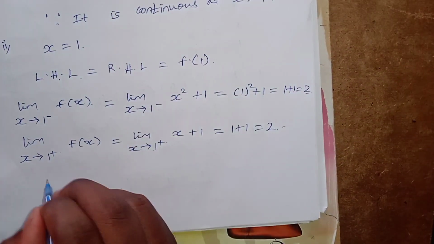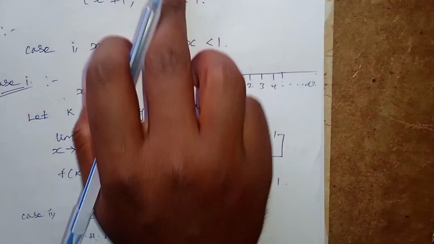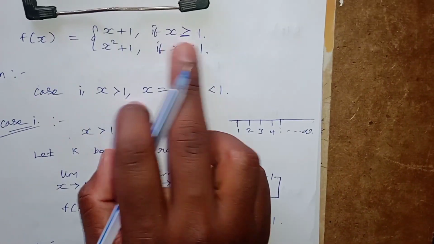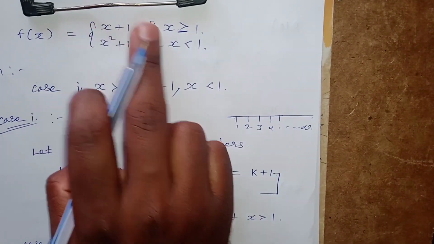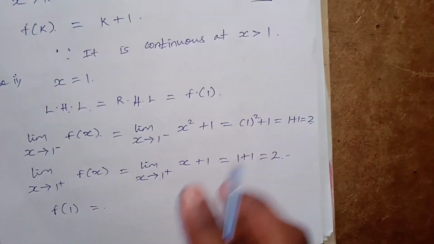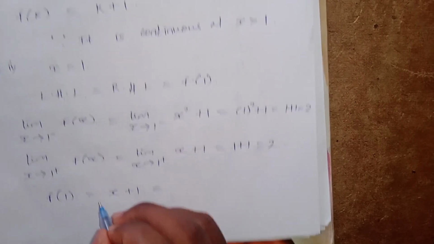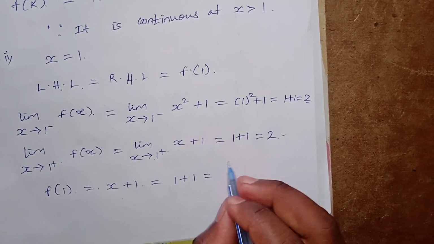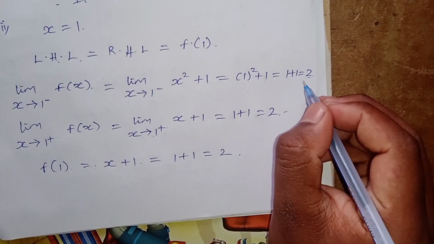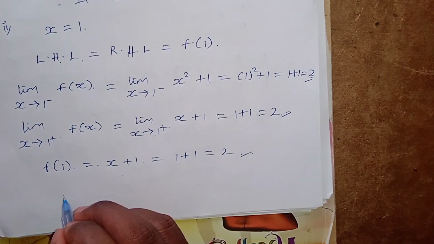Next, f of 1. Here f of 1 is for greater than or equal to 1, therefore you have to take x plus 1. This is my function. Substitute 1 in place of x, 1 plus 1 equal to 2. Therefore, left hand limit, right hand limit equal to f of 1.